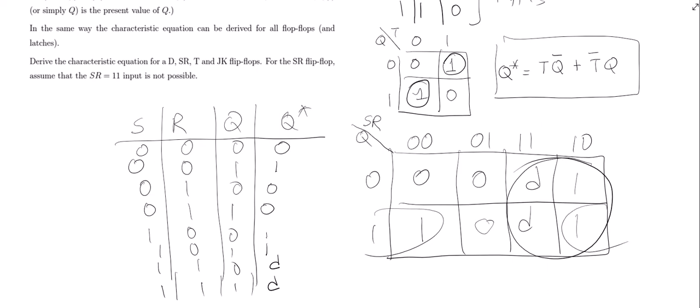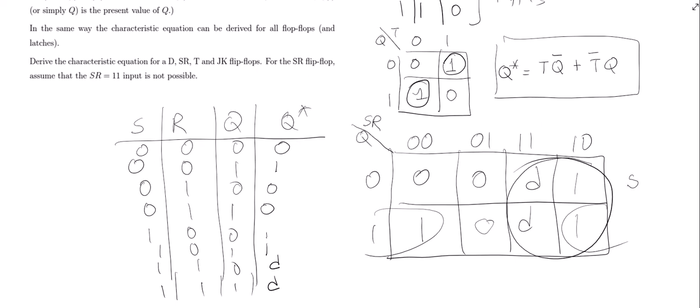Okay, so with this circle of 4 here, my expression is going to include what all these squares have in common. So when I look up at my top numbers, I see that on my columns, S is 1 in both of these columns. So it has S equal to 1.